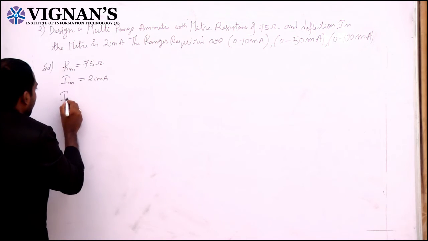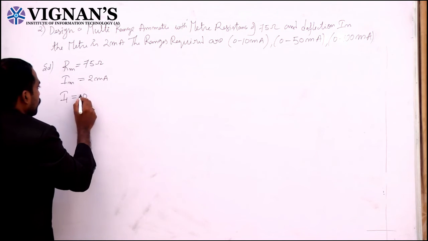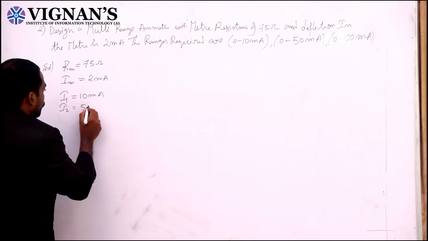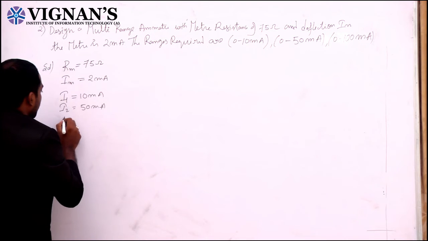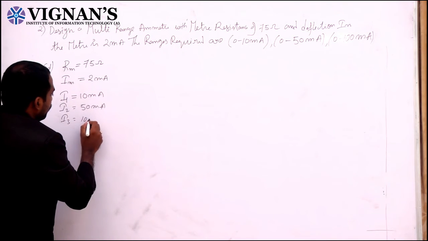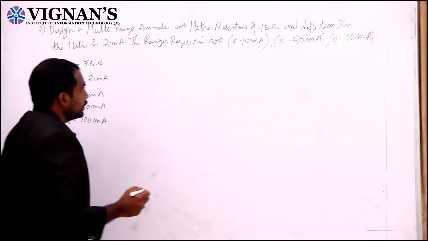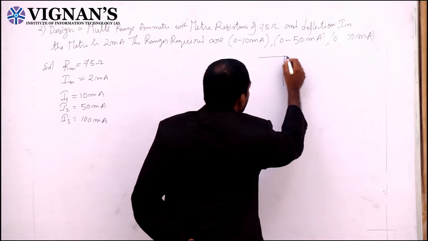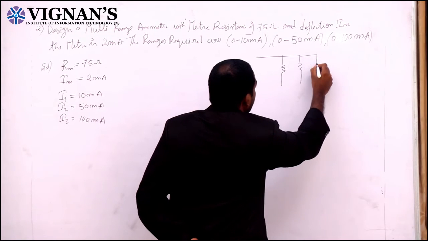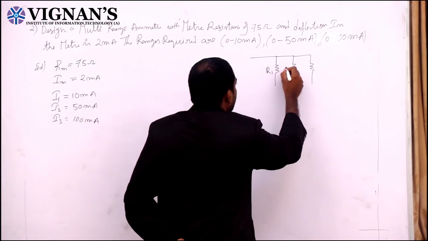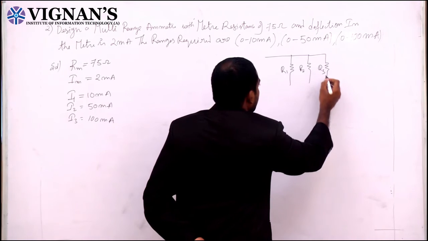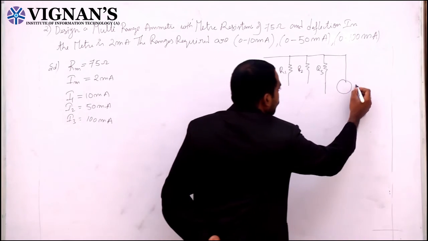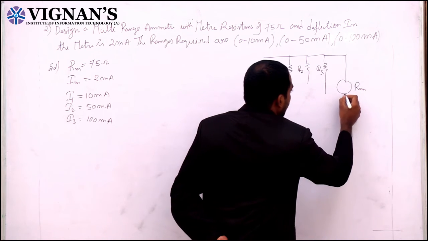That means the given values are I1 equal to 10 milliamps, I2 equal to 50 milliamps and I3 equal to 100 milliamps. He is asking you to calculate different values of R1, R2 and R3, which are placed in parallel with your meter, having a meter resistance of Rm.